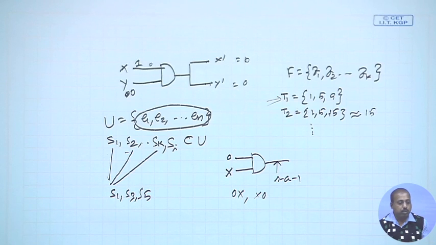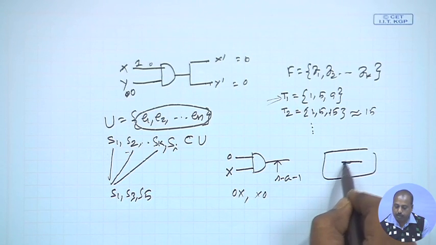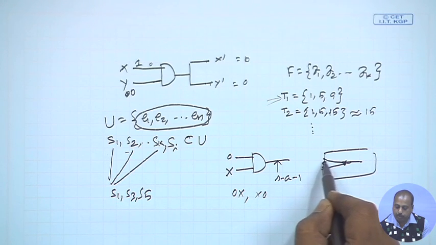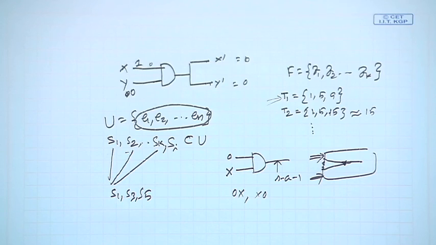So, there may be some do not cares. If I have got a large circuit, then for testing a particular fault, it may require setting only a subset of inputs to proper values, and the remaining inputs here and here may be left untouched by the test pattern. So, the test pattern will keep those bits as do not cares. Okay. So, these do not cares can be used effectively for compaction.